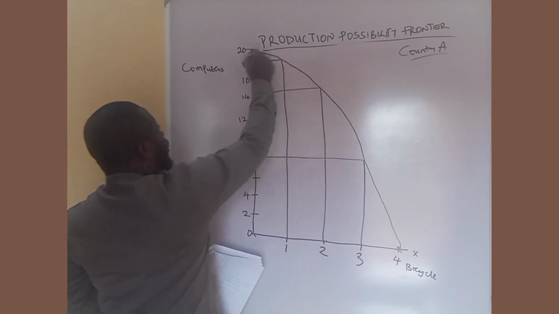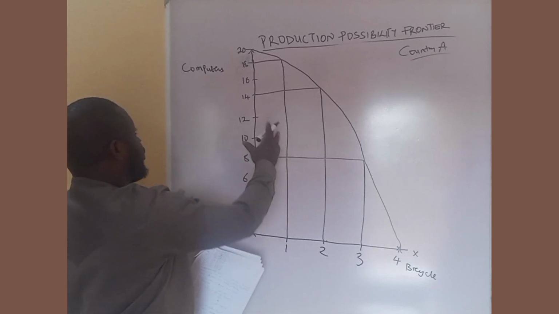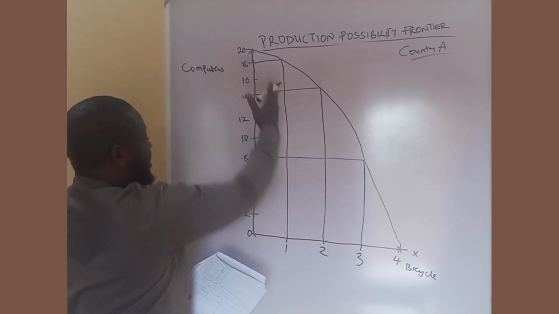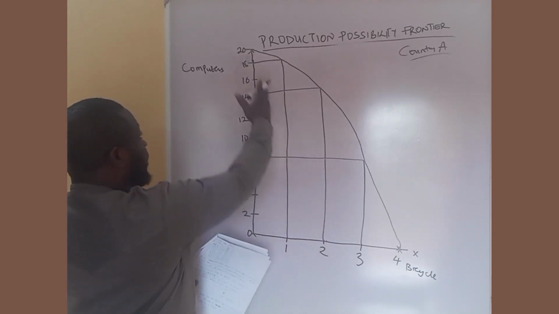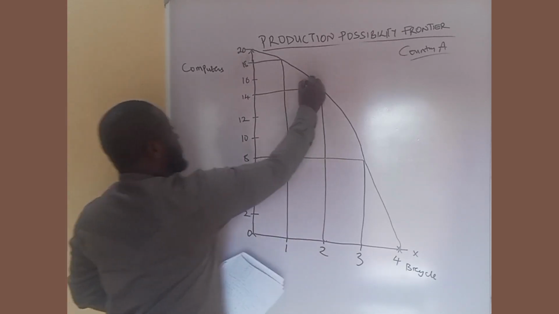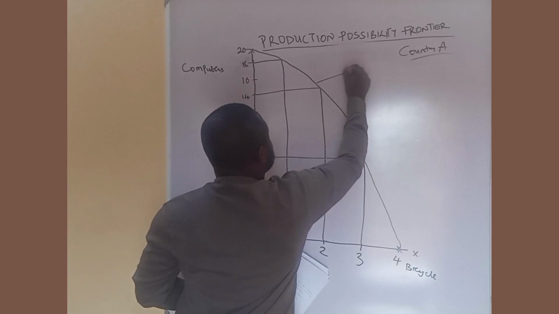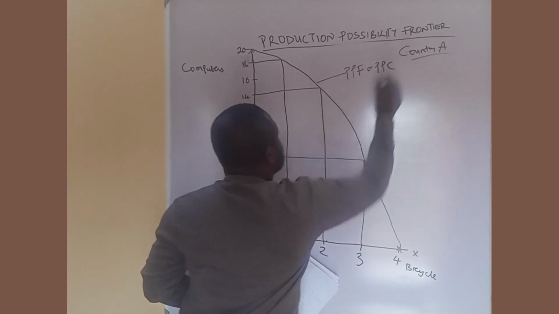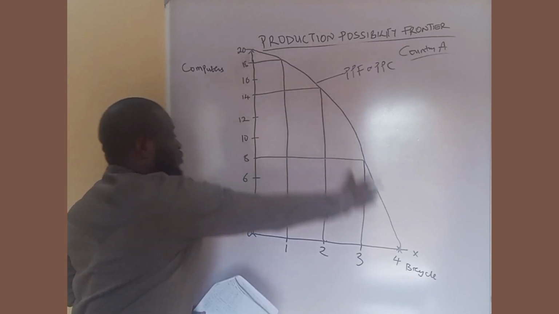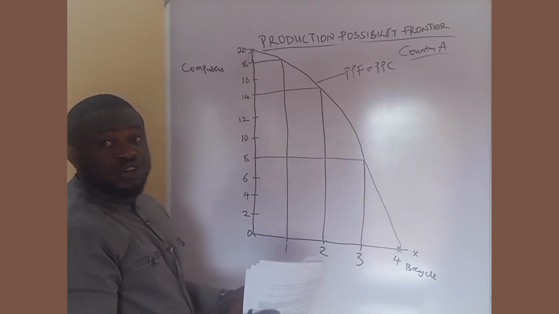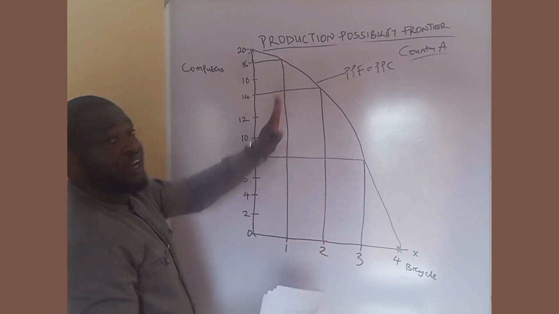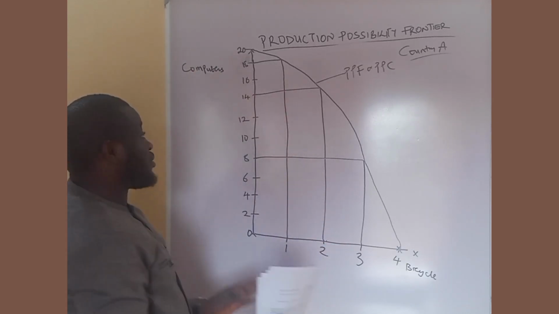When we join all these possible combinations of computers and bicycles, from both the x and y axes, we obtain what is called the production possibility frontier or production possibility curve. The production possibility curve is more or less like a boundary that shows us the maximum combination of computers and bicycles that country A can produce given its available resources.